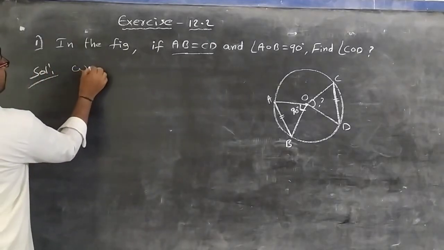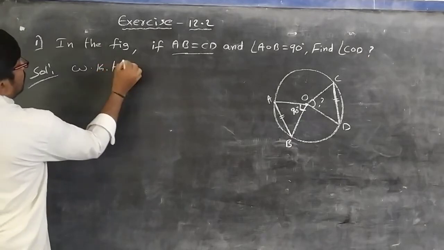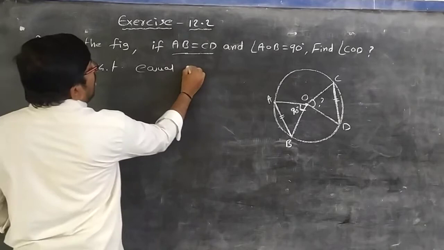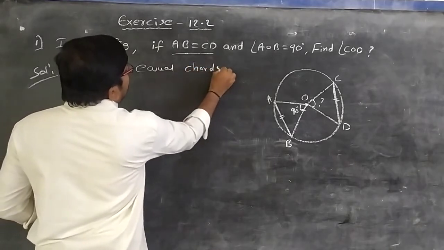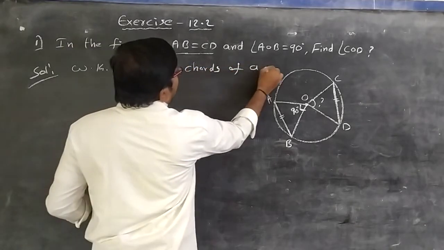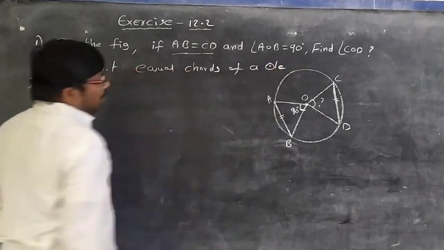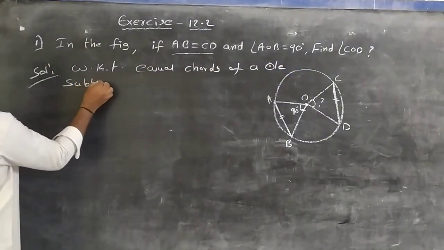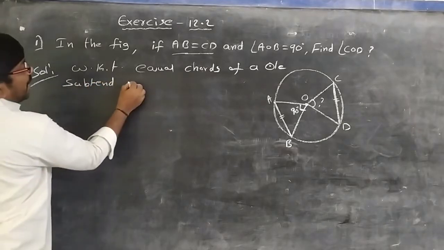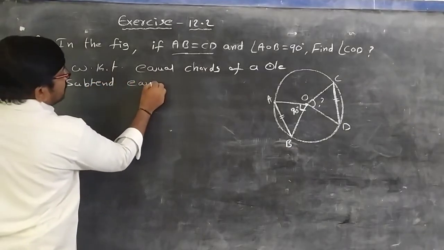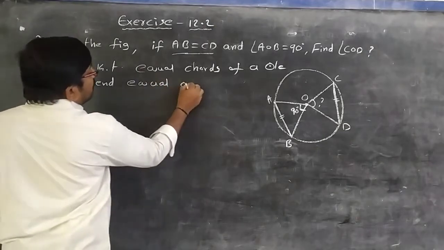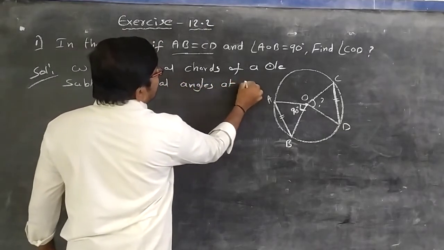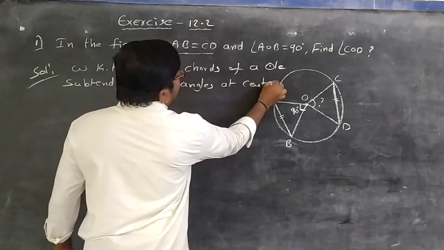We know that equal chords of a circle subtend equal angles at the center, right?